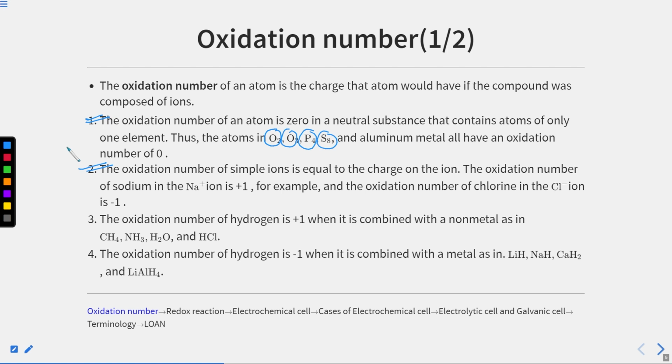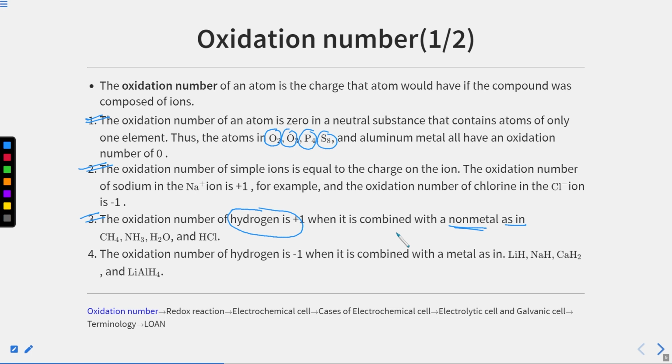Then what is the third point? The third point says that the oxidation number of hydrogen is +1 when it is combined with a non-metal. Two cases are there. First thing is that hydrogen can have only two oxidation numbers, that will be either +1 or -1.